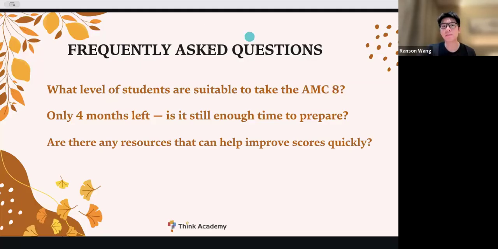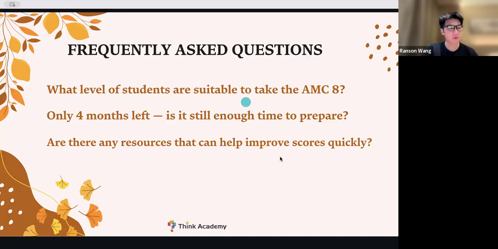This is more of an entry-level question, where it's probably the first time preparing for the MCA. The second one is, a lot of students are starting to prepare for the MCA for the first time, but they realize, oh, we only have 4 months left. Is it still enough time to prepare? And the third one is, are there any resources that can help to improve their scores quickly?